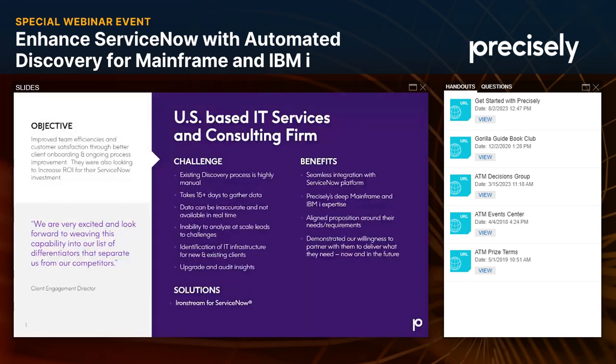The second company operates in another business area, a different kind of vertical space. This time it's an IT services and consulting organization. They host many mainframe and IBM i environments for other organizations that are their customers. Now, their challenge was literally onboarding any new environment.